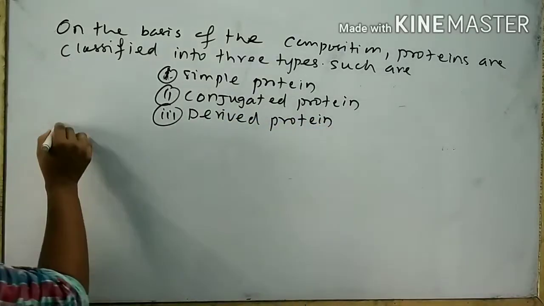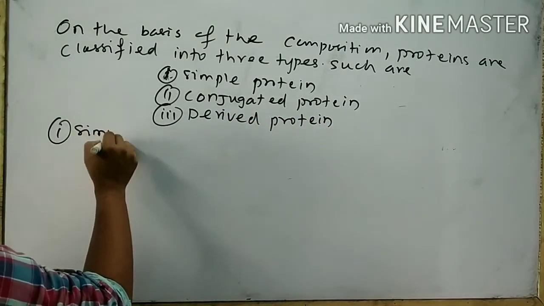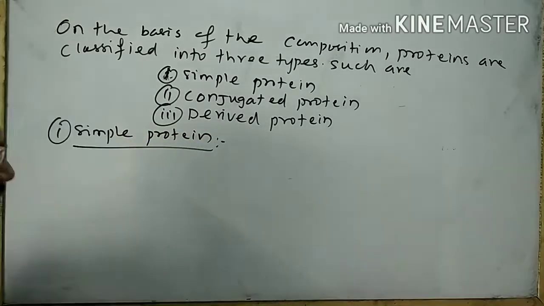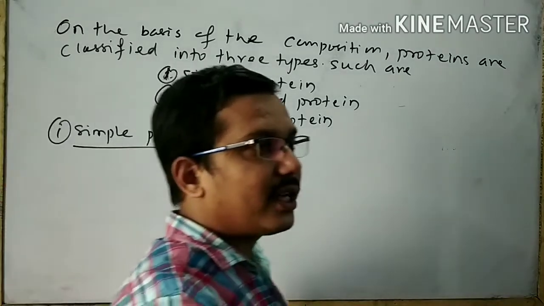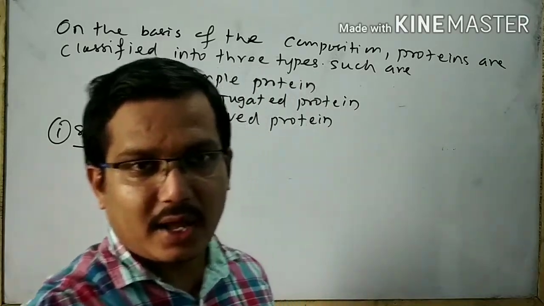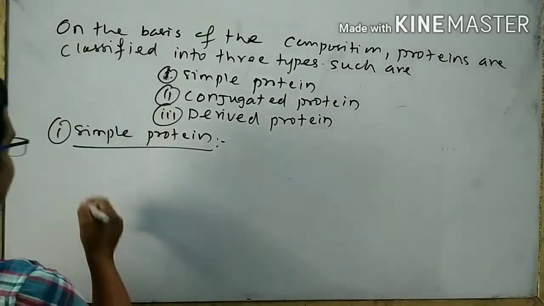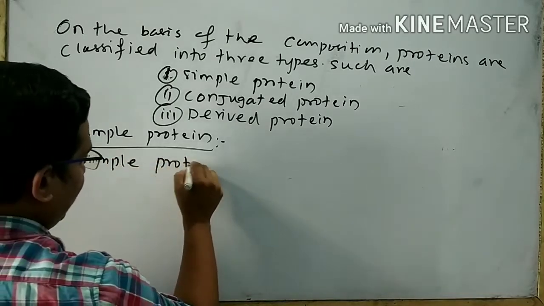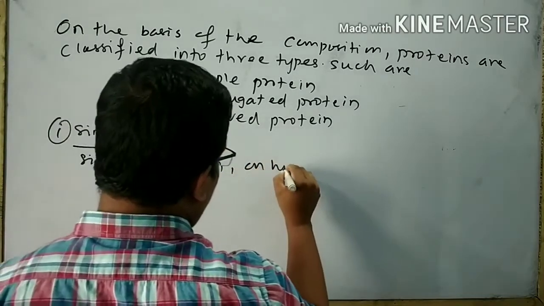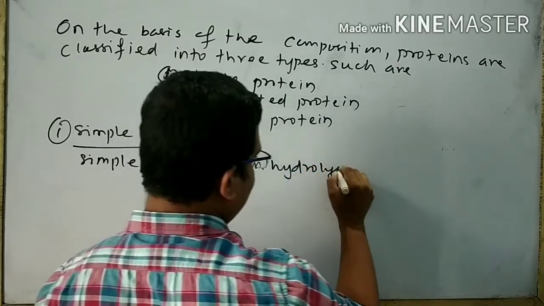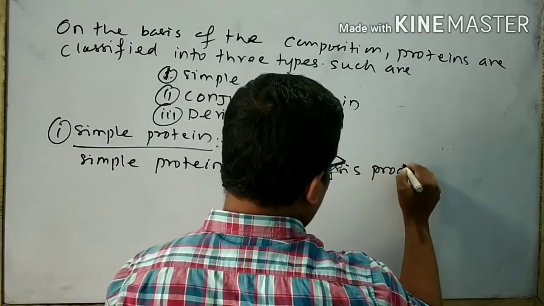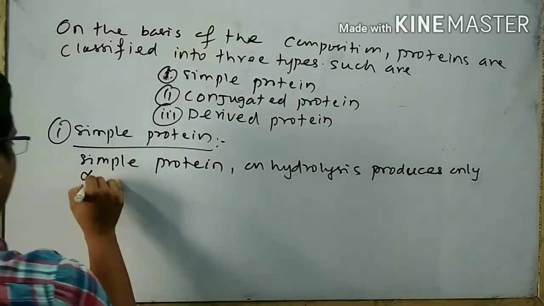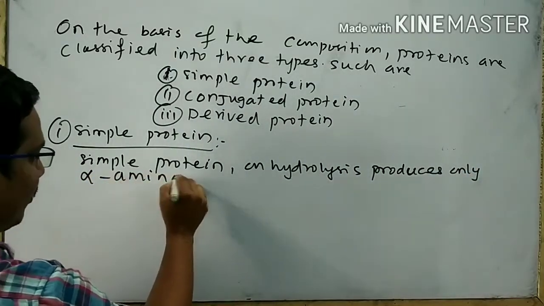At first I will discuss about the simple protein. The simple protein when it undergoes hydrolysis gives alpha amino acids. So we can write simple protein on hydrolysis produces only alpha amino acids.